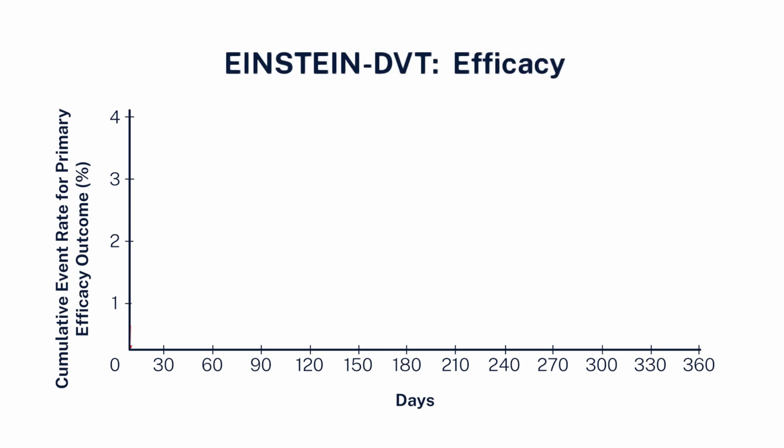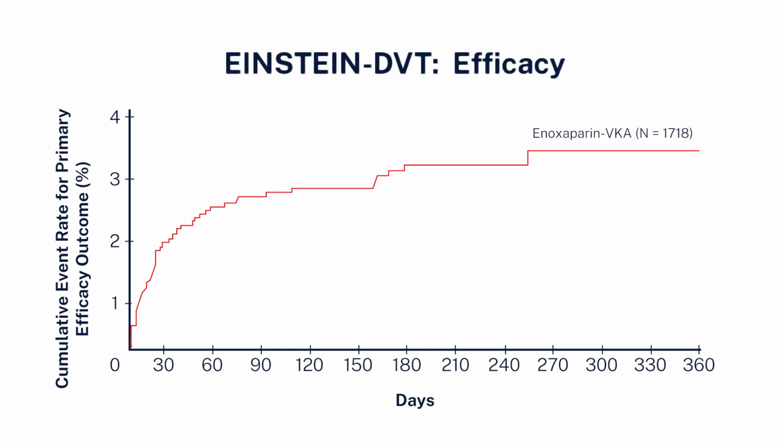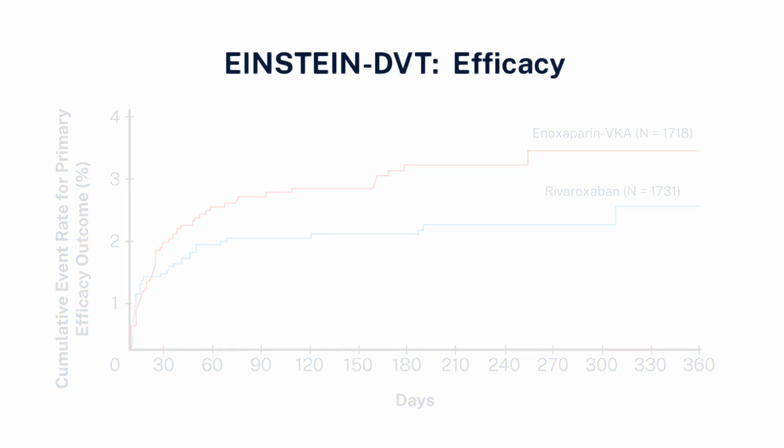So in our standard of care arm, which is the enoxaparin with the vitamin K antagonist or the warfarin overlap, you can see that arm reaches about 3% or so over the course of the treatment period. But contrast that with the rivaroxaban arm, where it's only about 2%. And that actually had a p-value of less than 0.01 for non-inferiority, meaning rivaroxaban was at least as good as the combination of enoxaparin and vitamin K antagonist for the prevention of VTE recurrence.